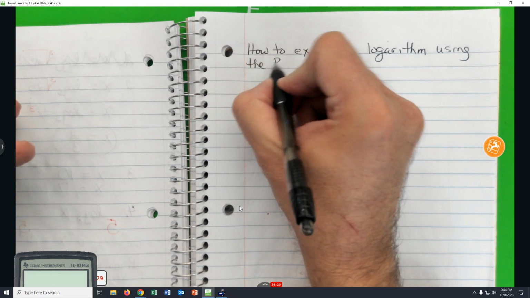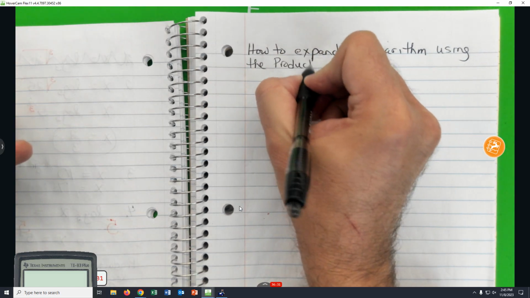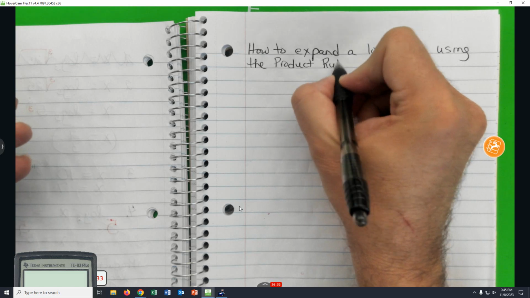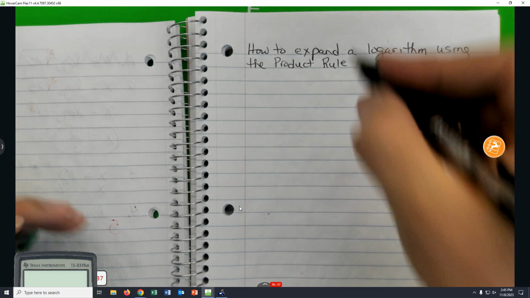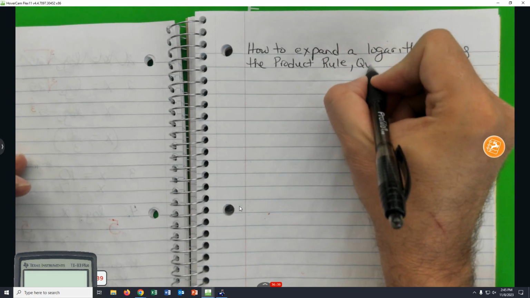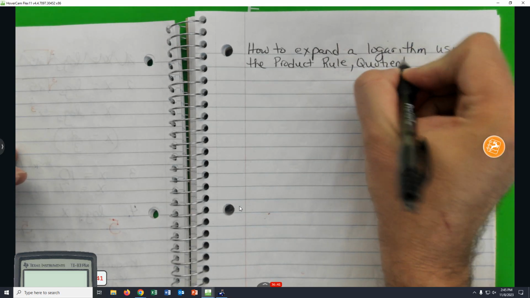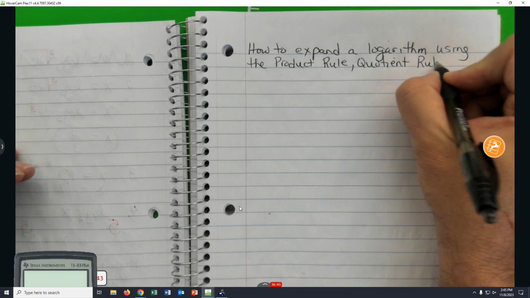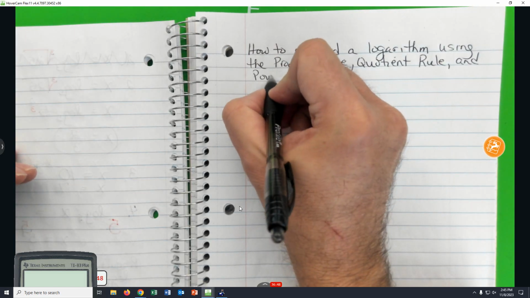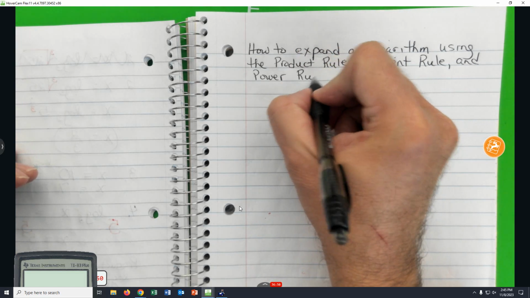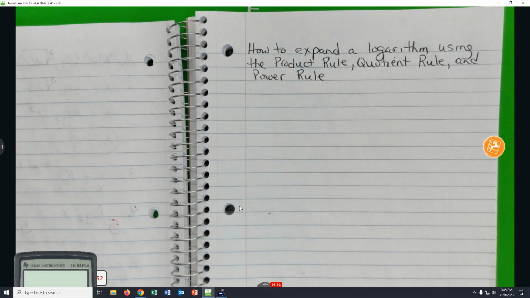So I'm going to go through and show y'all how to expand the logarithm using the 3 rules: the product rule, the quotient rule, and the power rule. I'm going to show all the steps just like they do in View an Example.